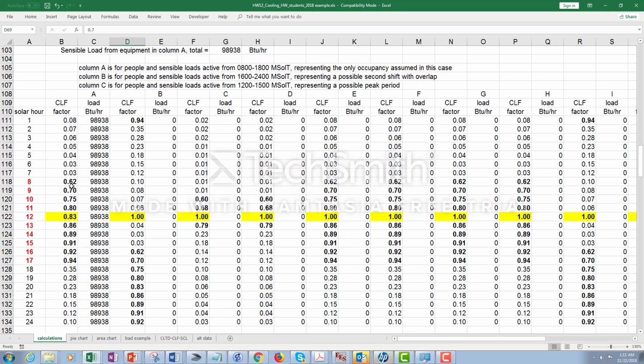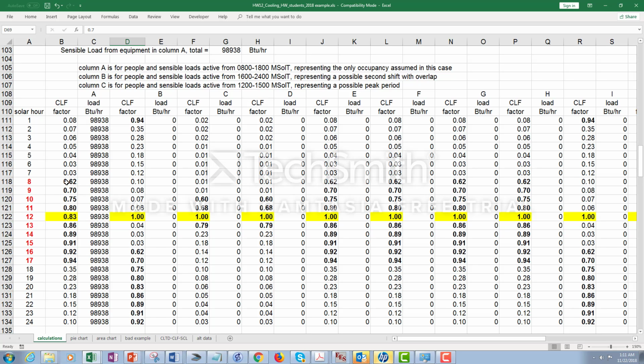Now, since the building is only occupied for 10 hours, the majority of the heat will be released in that 10 hours, but some is absorbed into the building materials, and then by the thermal flywheel effect, it's released later.